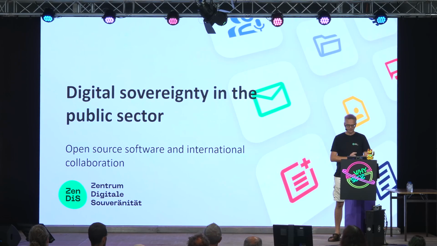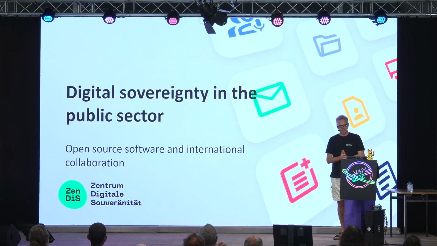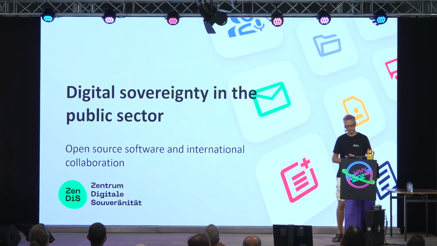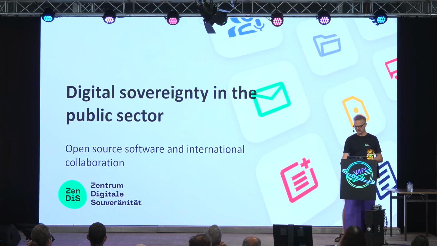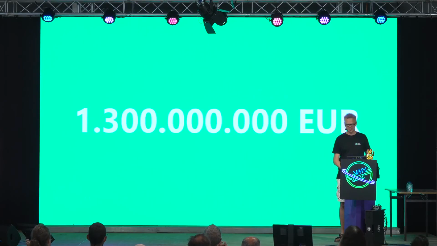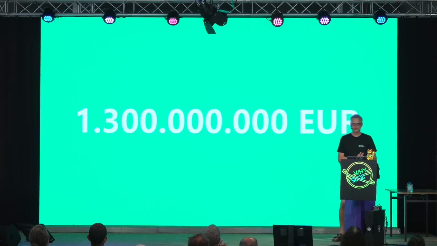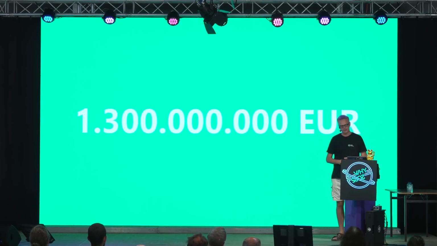Well, let's maybe start by talking about our dependency on the US tech sector and what we can do to improve the situation. So to start, let's look at some numbers. This 1.3 billion, a number with 10 digits, is the amount of money the German federal government spent on software licenses and services.